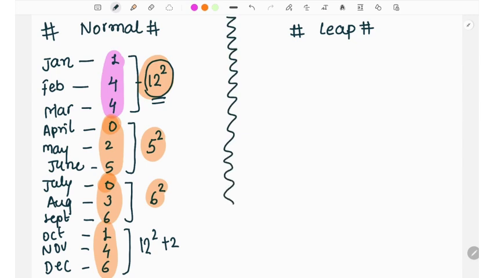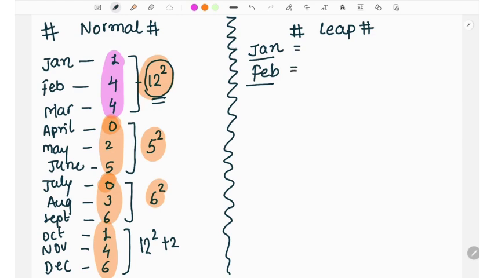Once we move ahead for what? Leap year. Just see the codes of leap year now. The codes of leap year are the same, only they are different for January and February. Okay, understand? Again I will repeat it. The codes for normal year and leap year are totally the same except January and February.